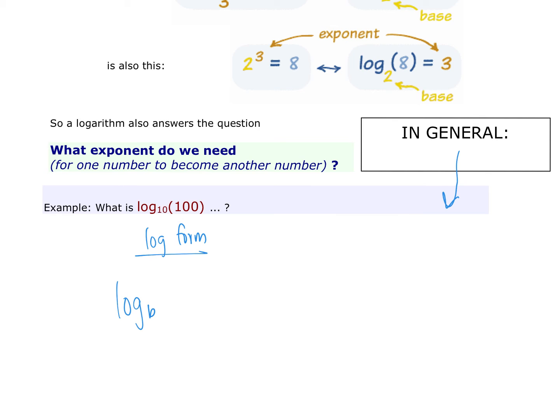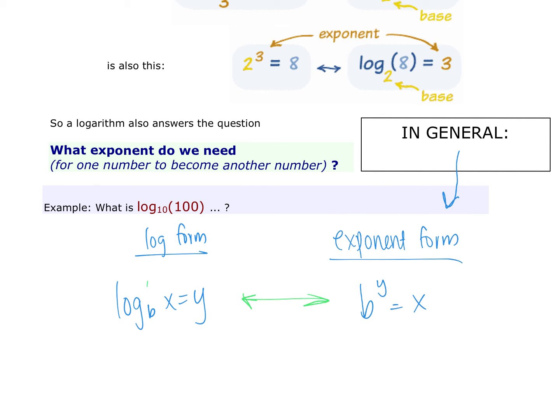Log base b of x equals y. We also have something called exponent form, and this is b to the y equals x. This is important because these 2 things can transform into one another. We have b, x, and y, which are in both, so they can look very similar and get us the same answer. That's super important.